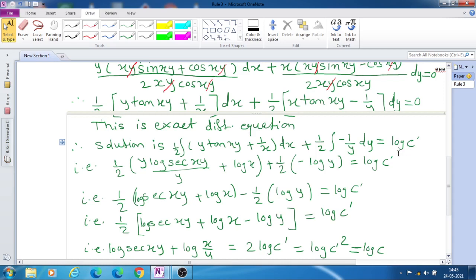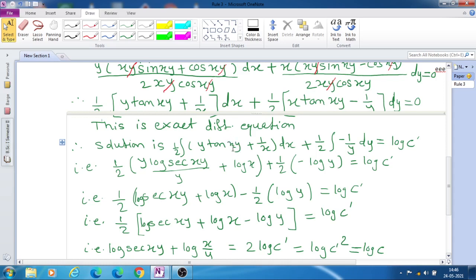For our convenience I have taken here log of c dash. So now integrating this first term, 1/2 is constant outside, y tan xy, integration is with respect to x, here y is constant, therefore y as it is, and integration of tan xy is log sec xy, as integration of tan x is log sec x, but dividing by the derivative of x into y.